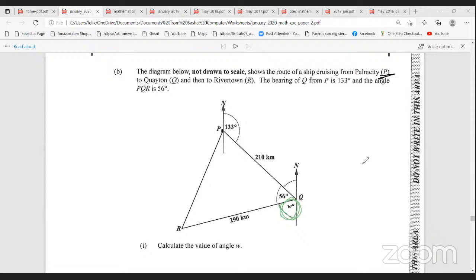Miss, what if you did just draw a line or something? No, we can't do that. But look at Q, the point Q. How many angles do we have at the point Q?